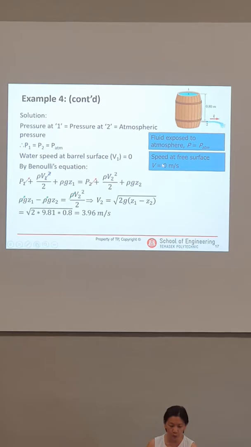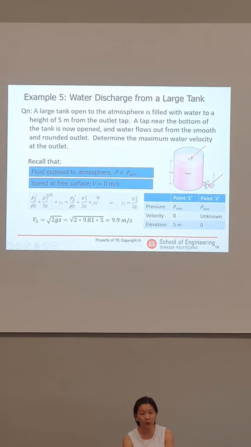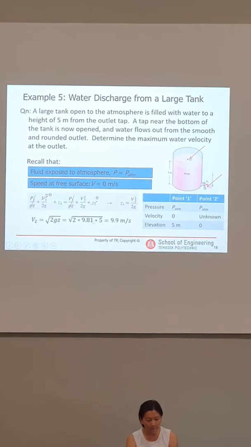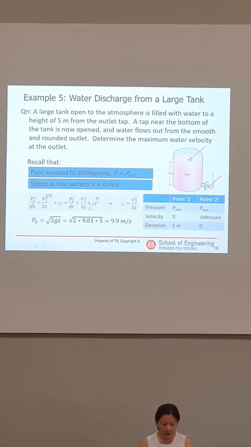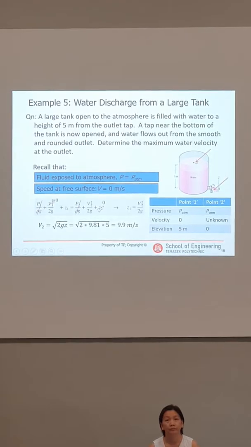If we go back to this example, this is point 1 and that's point 2, so this will be Z1, Z2. I have indicated Z2 as 0. What does that mean? Where's my datum? Below.